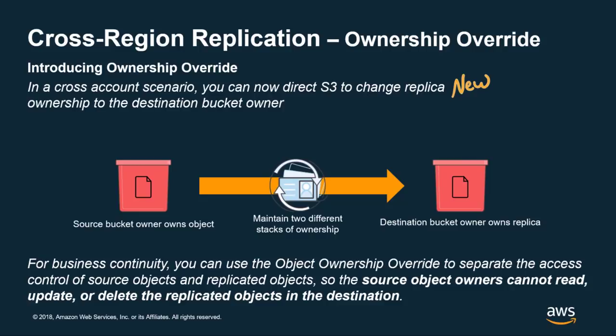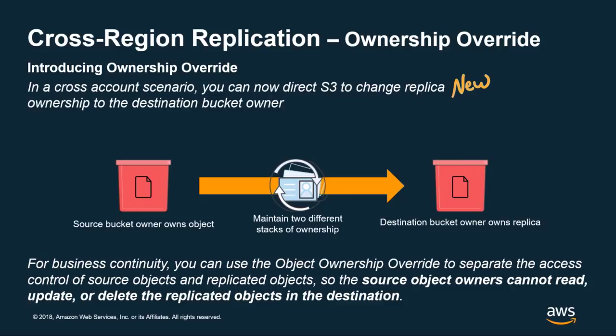Another key factor is being able to do ownership override of cross-region replication. What drove this was to protect against what we call rogue actors, where, and we've had this happen with major customers, they have a disgruntled employee, a bad actor within their organization, who can, if they have appropriate permissions, start to delete or corrupt or overwrite data in one location.